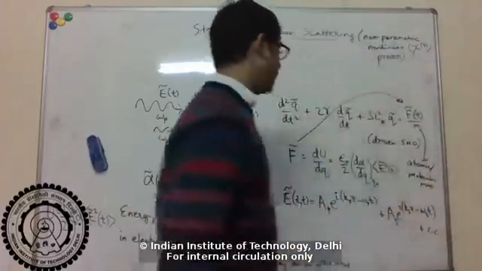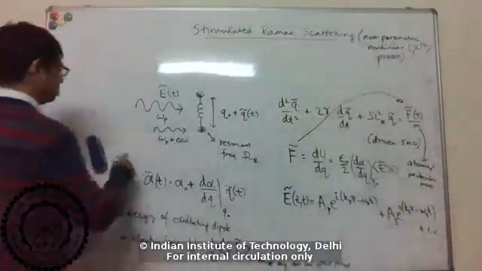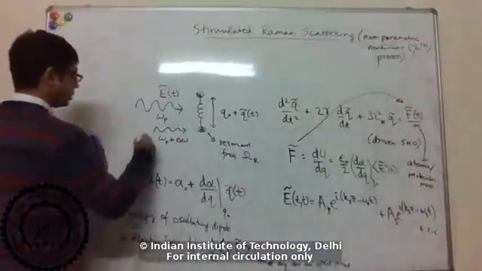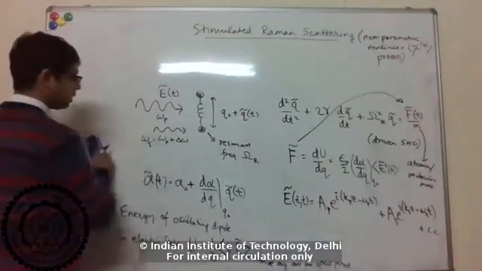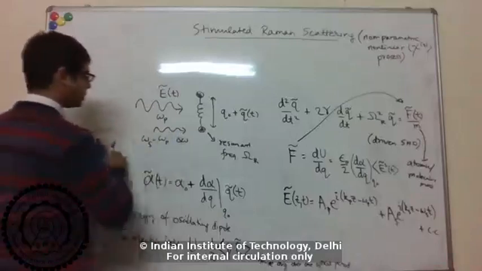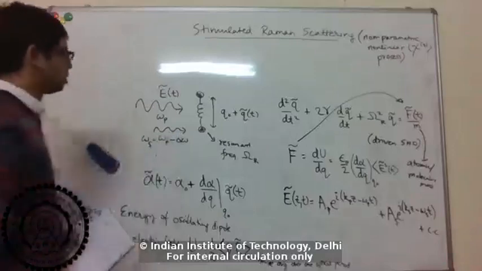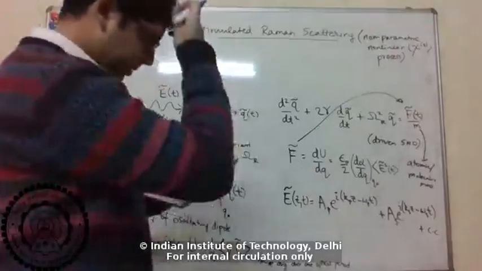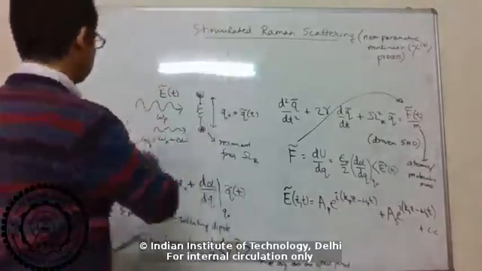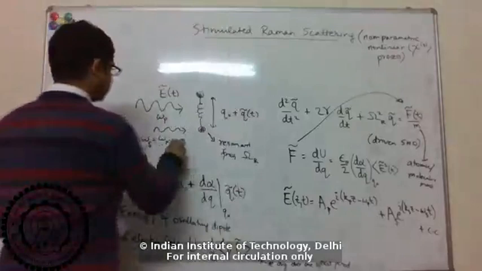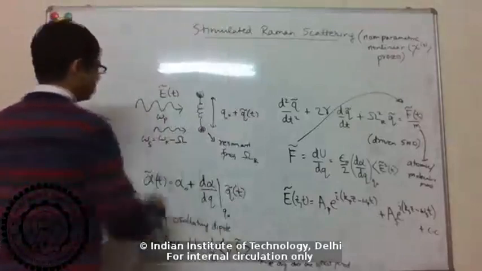Right, with amplitude AS. So this is omega S is equal to omega P minus omega.